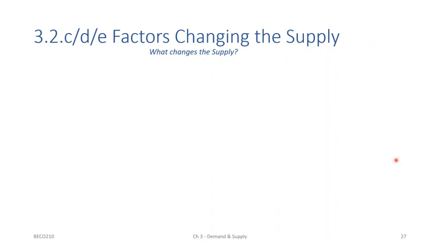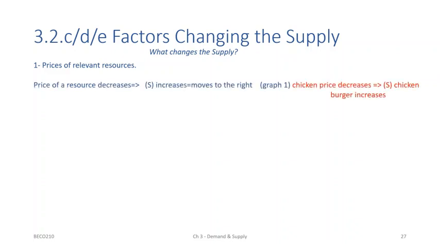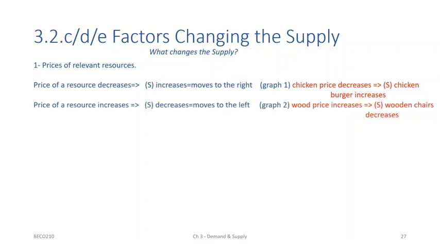What changes the supply? Prices of resources. The price of a resource is a cost. Whenever the cost increases, the supply decreases. And whenever the cost decreases, the supply increases.